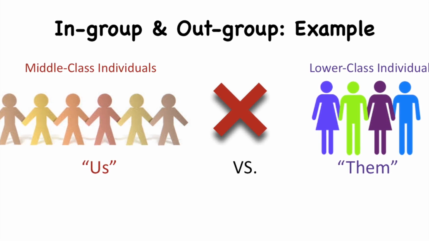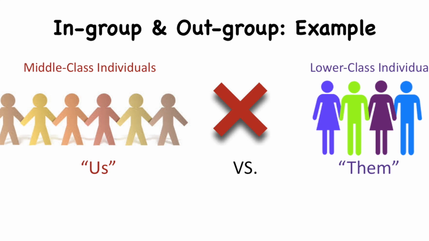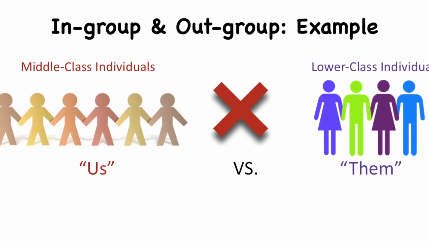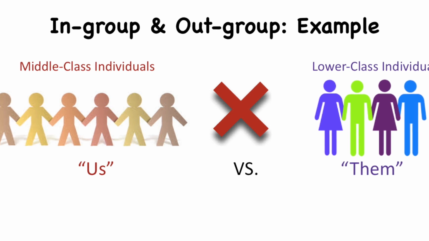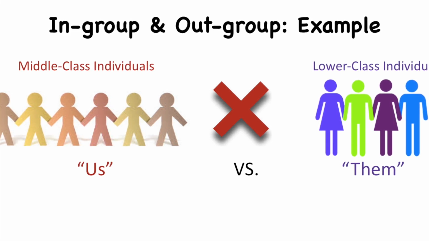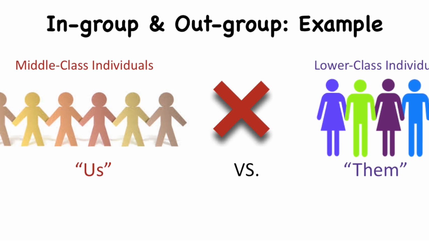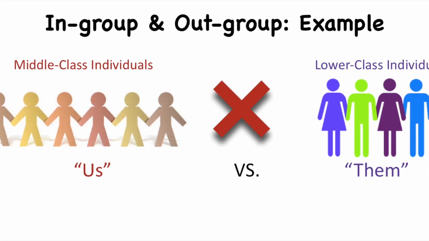Through this example, we can see how the middle-class individuals, or the in-group, found a negative aspect of the out-group, in this case the lower-class individuals, in order to enhance their self-image for being a part of a more prestigious social class.